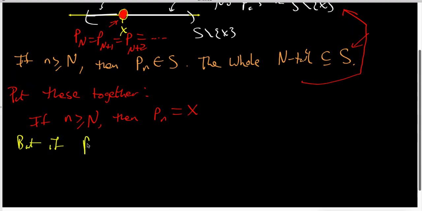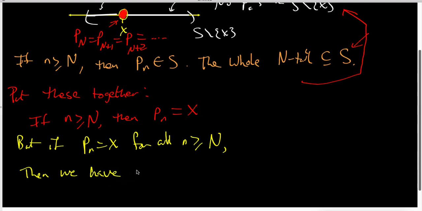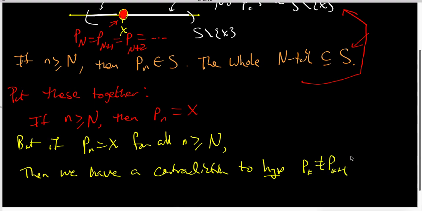And now I want to think about what that means. If Pn is equal to X for all n bigger than or equal to capital N, then we have a contradiction to our hypothesis that pk is never equal to pk plus 1 for all k inside of the natural numbers.